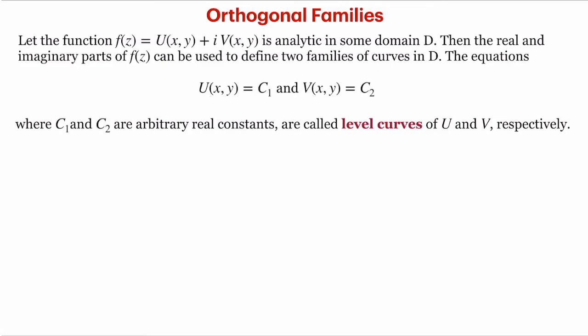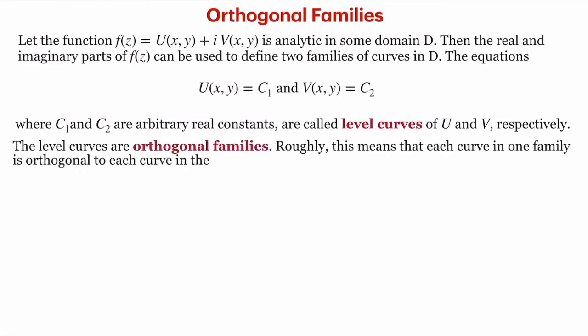and these curves are like equipotential surfaces. What it says is that these two families of curves are orthogonal, roughly saying that every curve is orthogonal to the others. For a given point, we have a curve passing through it for u and for v, and their tangents are orthogonal to each other.